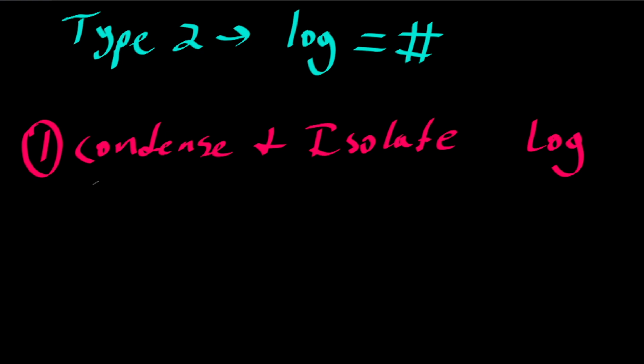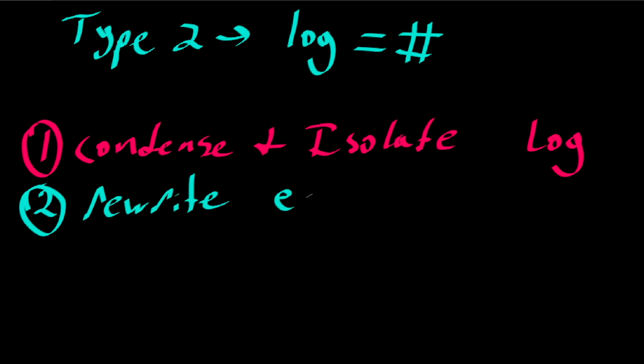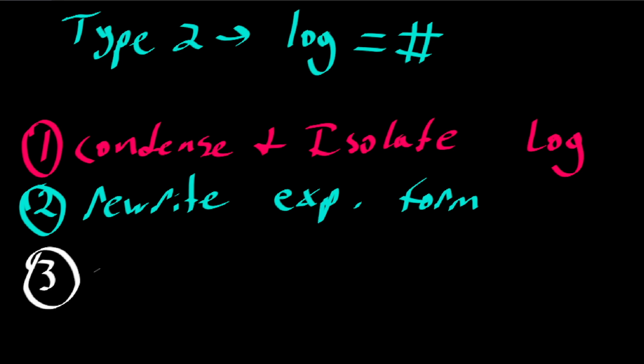Then our second step is to rewrite our logarithm in exponential form. I've uploaded videos on doing that, so check those out if you need a refresher. Step 3 is that we solve, and then check for extraneous solutions again.